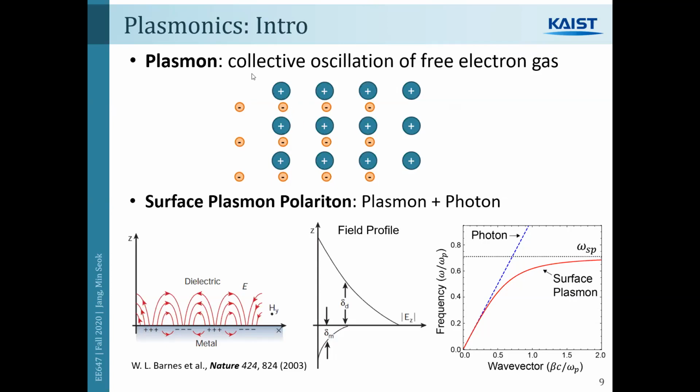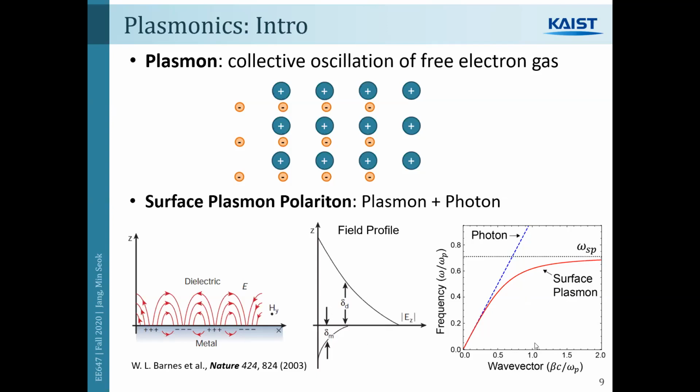this plasmon is a collective oscillation of the free electron gas. And at the interface between metal and dielectric, the photons, the electromagnetic waves, and these electrons of the metal interact to form a surface wave. If you look at the electric field of this surface wave, it's tightly confined around the interface.